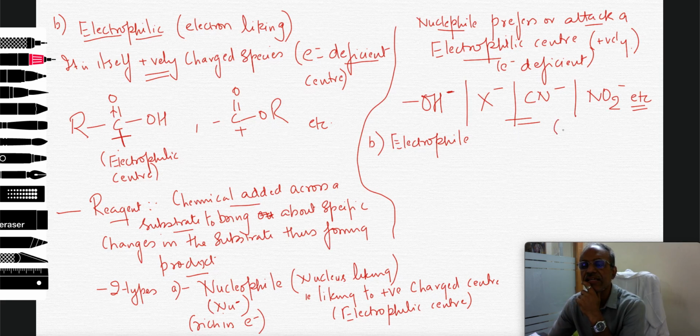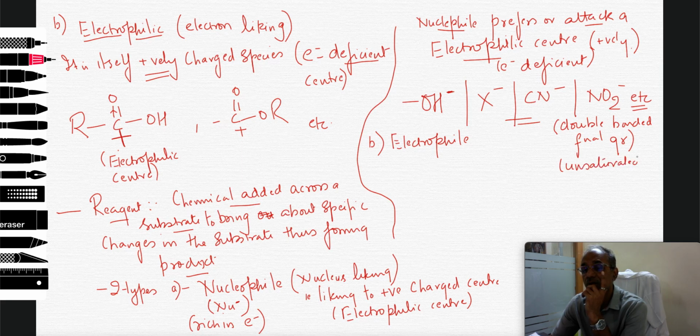Generally, we can say double bonded functional groups, or triple bonded, or unsaturated compounds, attack an electrophilic center. Although there are even single bonded ones like OH minus, which is also a very good nucleophile. We will see that henceforth.